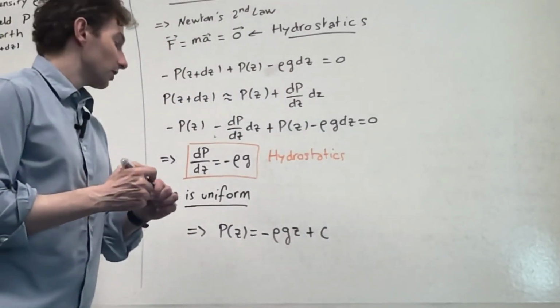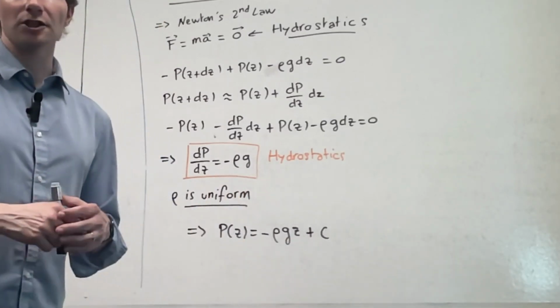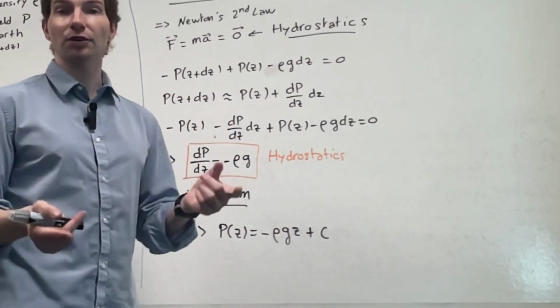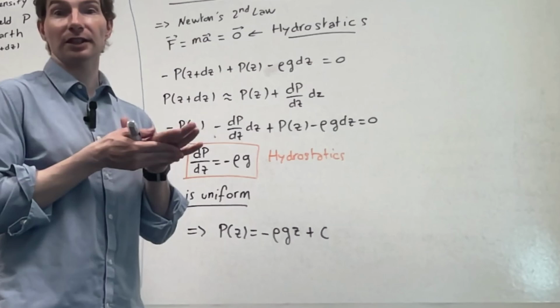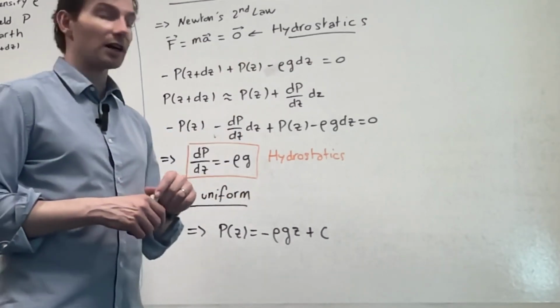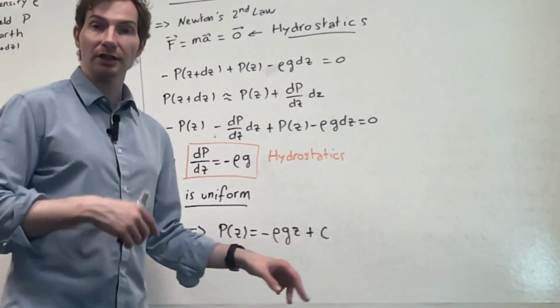Now there are some ways if you define your variable as being some altitude minus Z. Then you actually get the depth that you're going from the surface. And in that case, you're going to get plus rho g.